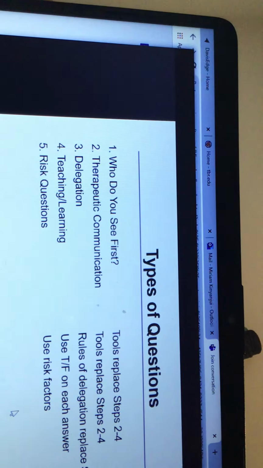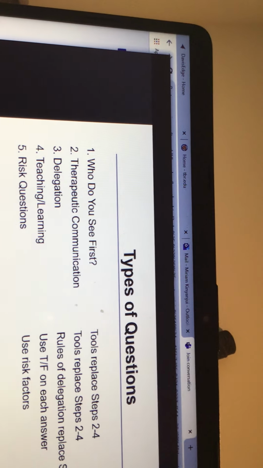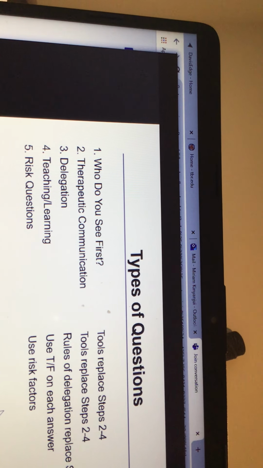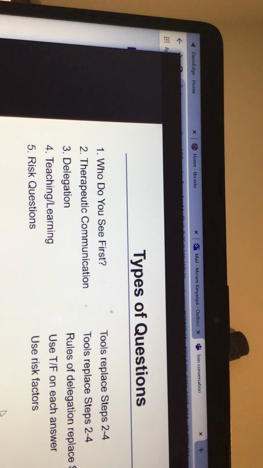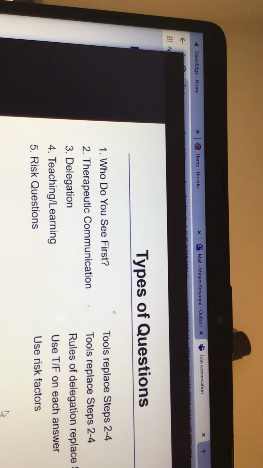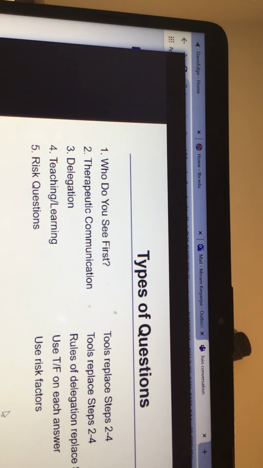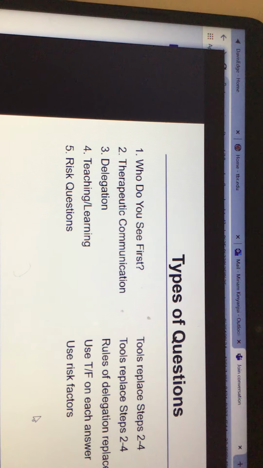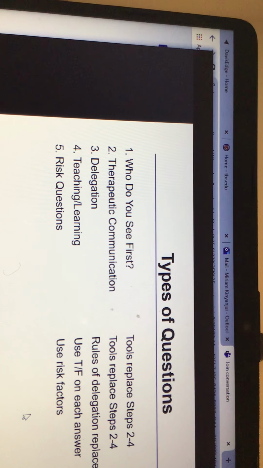So you're not going to really use your decision tree when you do the who do you see first type of question. You're going to use, if you have it on your posters, the who do you see first rules. And there's a poster, and I can show it to you.